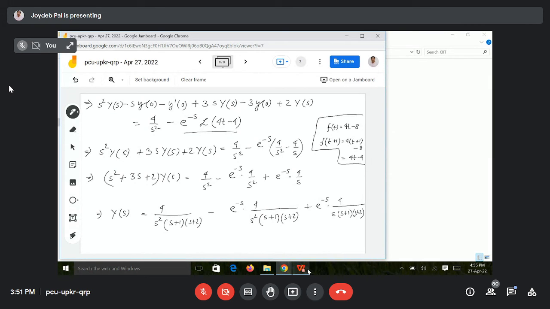So there are three parts, right? There are three parts. So for y(t) we have to find the Laplace inverse of Y(s).